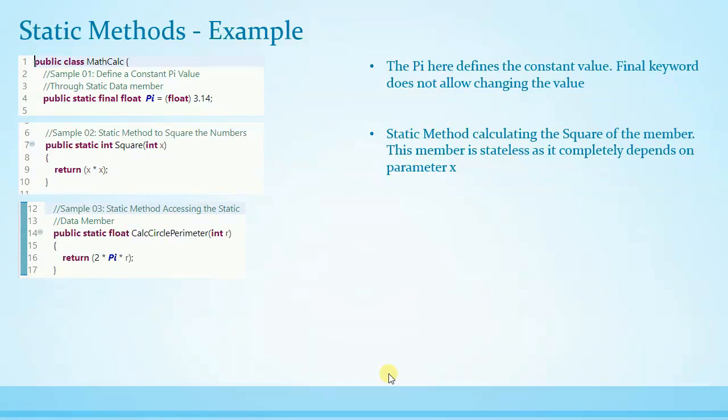The incoming parameters are here. We are making use of the static member pi. Since the member is static, it can be accessed inside the circle perimeter method.